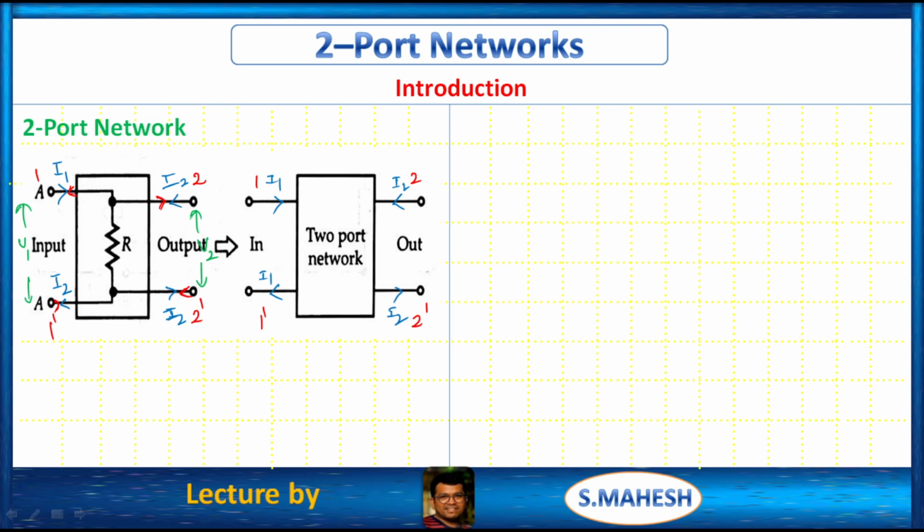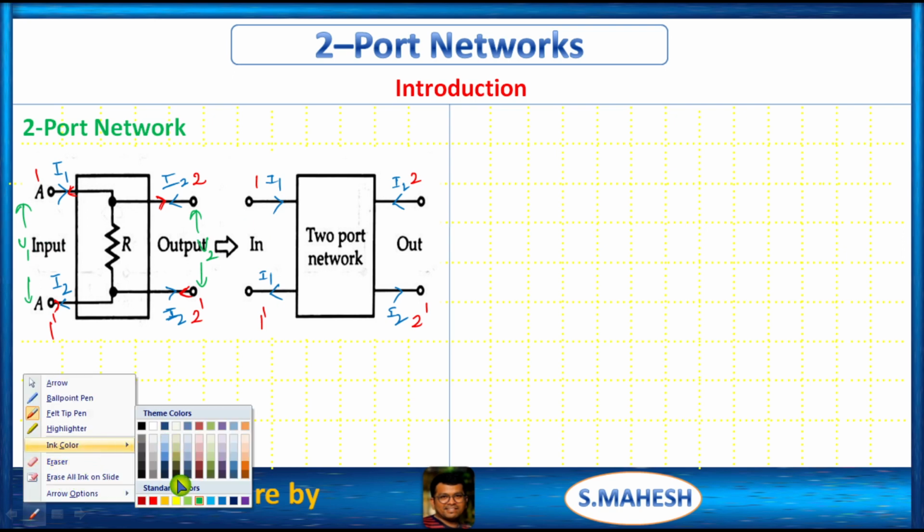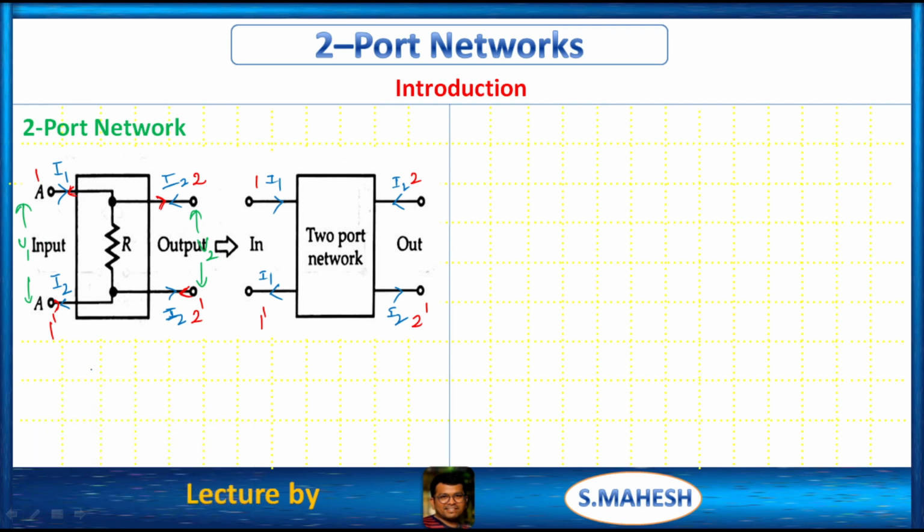Simply by representing the electrical circuit in an equivalent model, we are able to get the relation between input variables and output variables. What are the input variables? V1, I1. And the output variables are V2, I2.